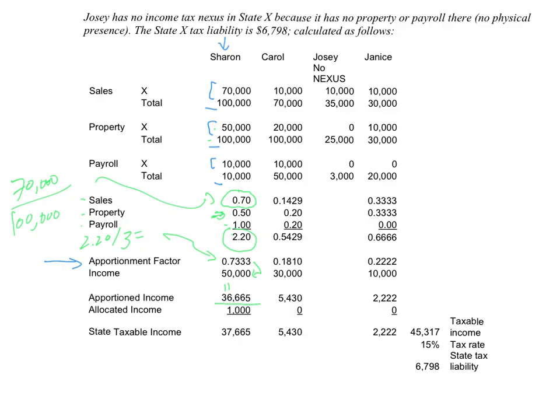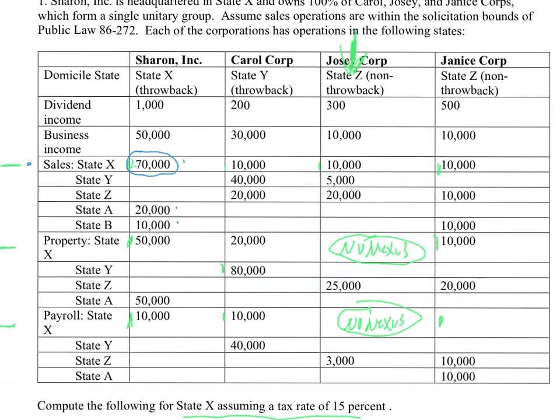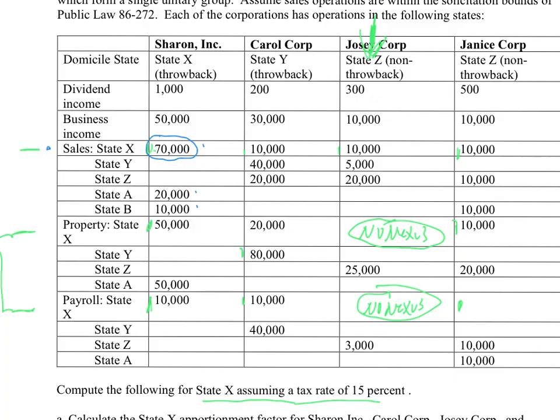Additionally, let's go back over here. Remember that Sharon Incorporated had $1,000 of dividend income.